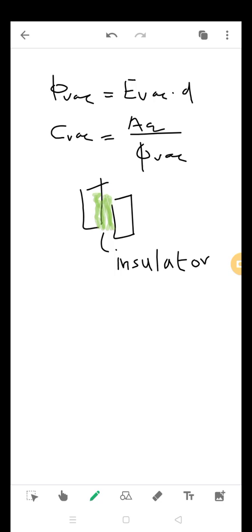Now the new potential is less than the previous one in the case of vacuum, and the capacitance, which is inversely proportional to phi, is greater than C vac.